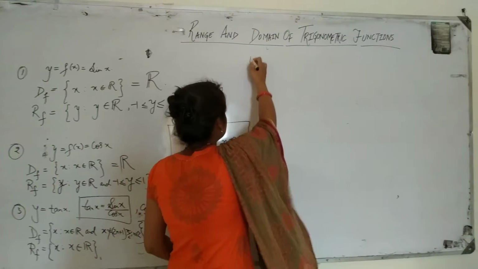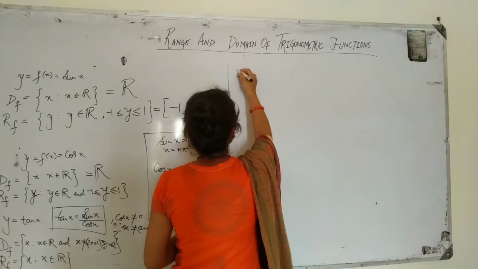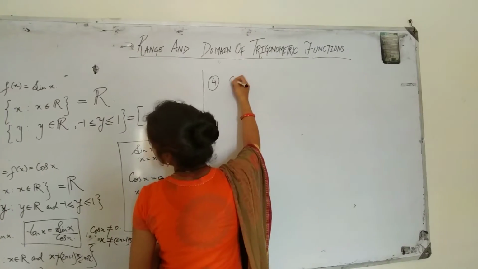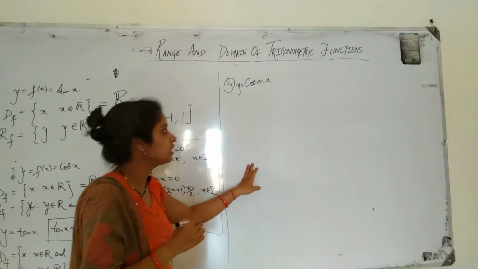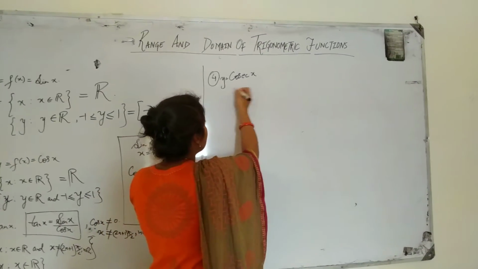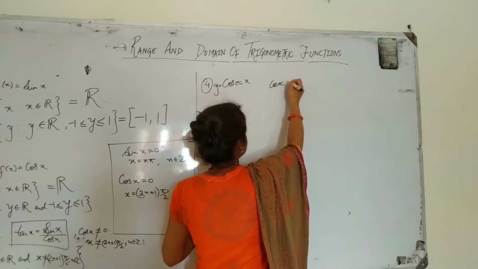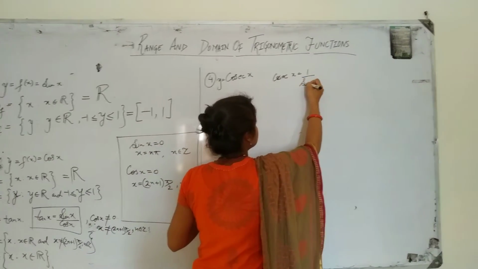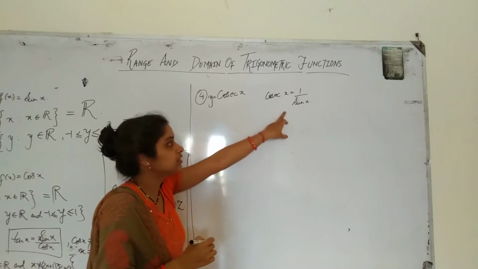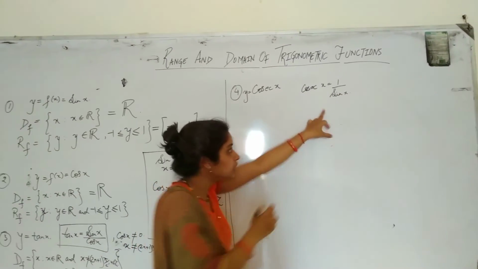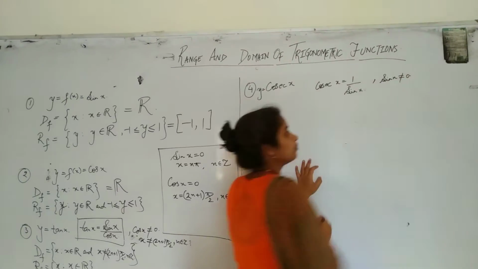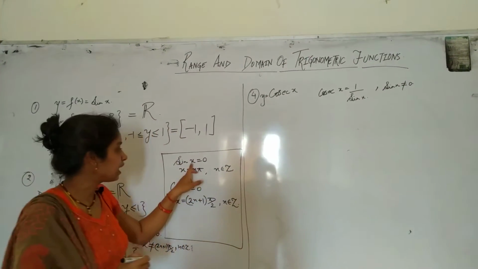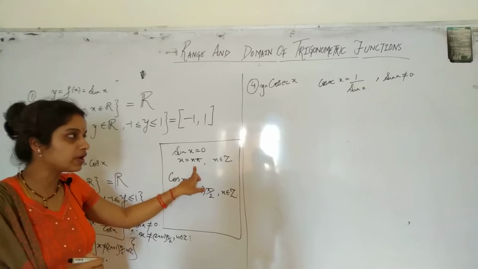The next trigonometric function is cosec x. Let us take y = cosec x. Here cosec x is the reciprocal of sin x, and this is possible only when sin x is never 0. From here, sin x is 0 when x = n pi.